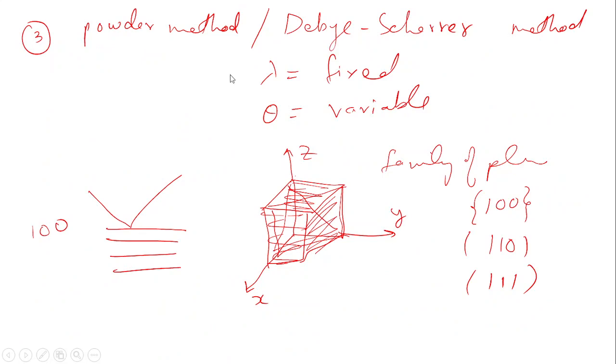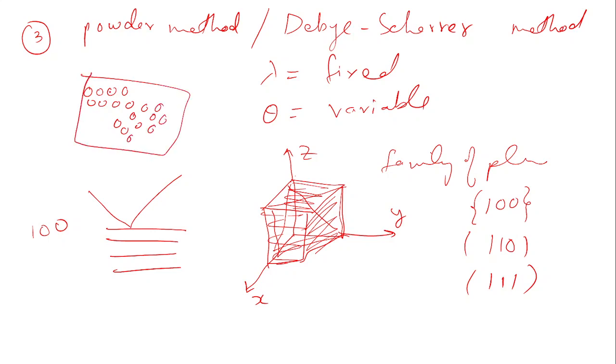But the powder method we use when we have a polycrystalline material. Then it's difficult if I don't change theta, because the arrangement is not uniform throughout. There are small single-crystal arrangements inside that whole thing, so I want to expose all these different planes. Maybe here the plane is like this and there it is different.